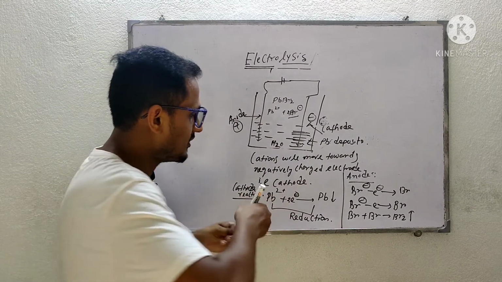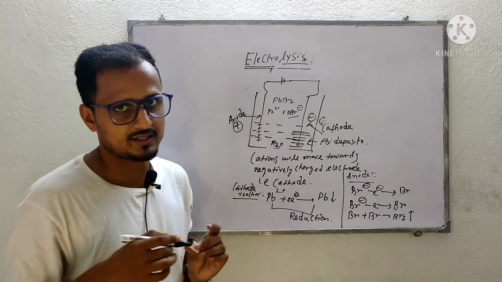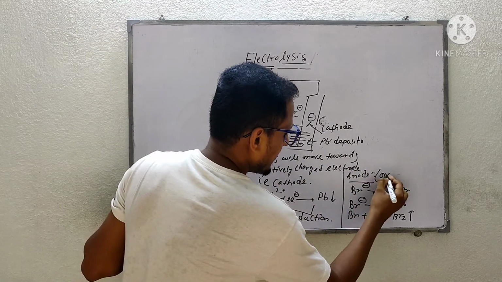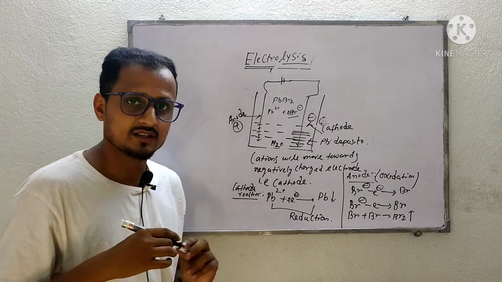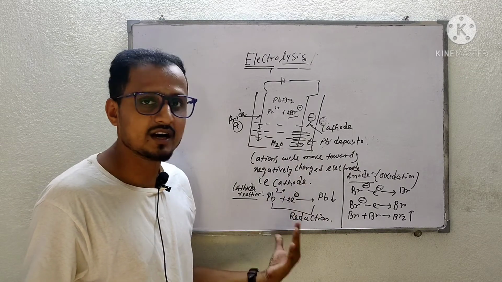This process is called oxidation, that means release of electrons. The process in which electrons are released is called oxidation. So at the anode we get oxidation, and at the cathode there is reduction.